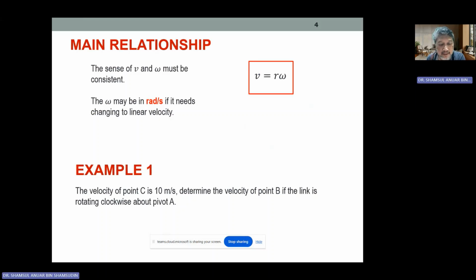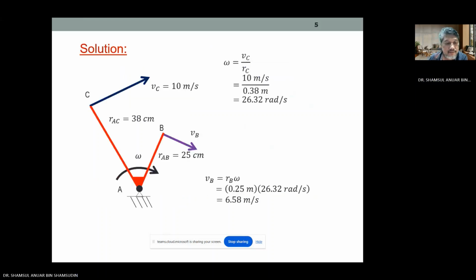Example one is shown, and we already went through it in the class. Here we have the linear velocity, and as you can see, the linear velocities are perpendicular to their respective link.